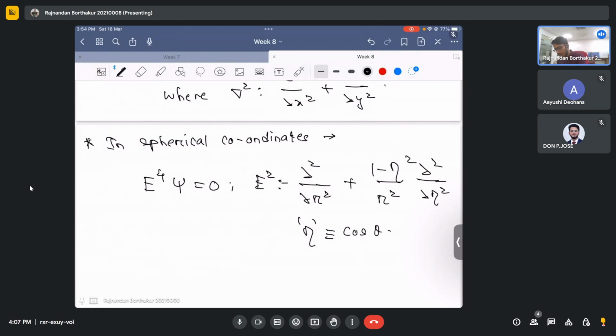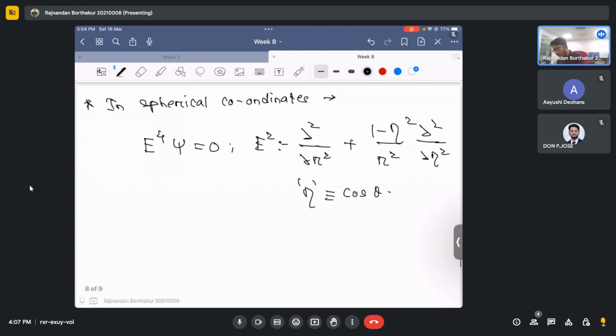This is how E square looks in a spherical coordinate system. And the relationship between the velocity and the stream function is similar in spherical coordinates. It is just the curl of psi by r times square root of 1 minus eta square into e phi hat. So this is the relation.